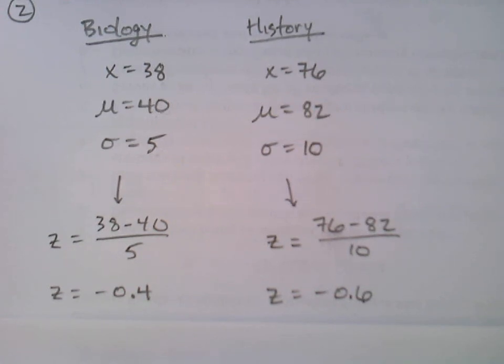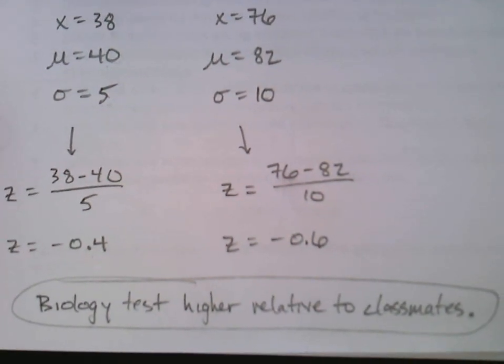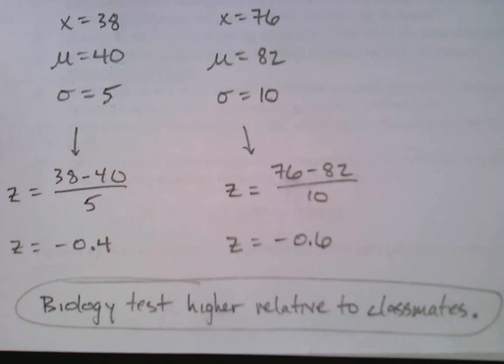I told you guys, once we know these numbers, we should be able to easily answer this. Which test did he score better on compared to his classmates? We're going to take the larger z-score. Well, since they're negative, the larger one is actually the negative 0.4. It was his biology test that he scored higher relative to his classmates.